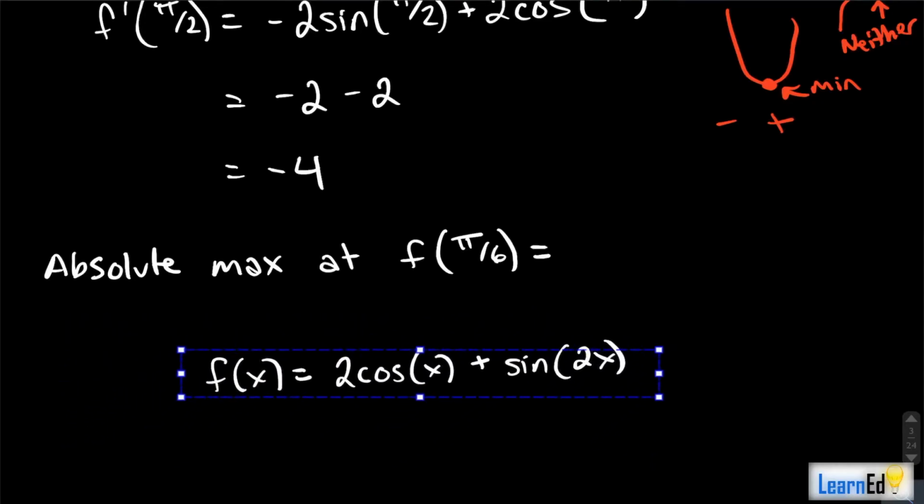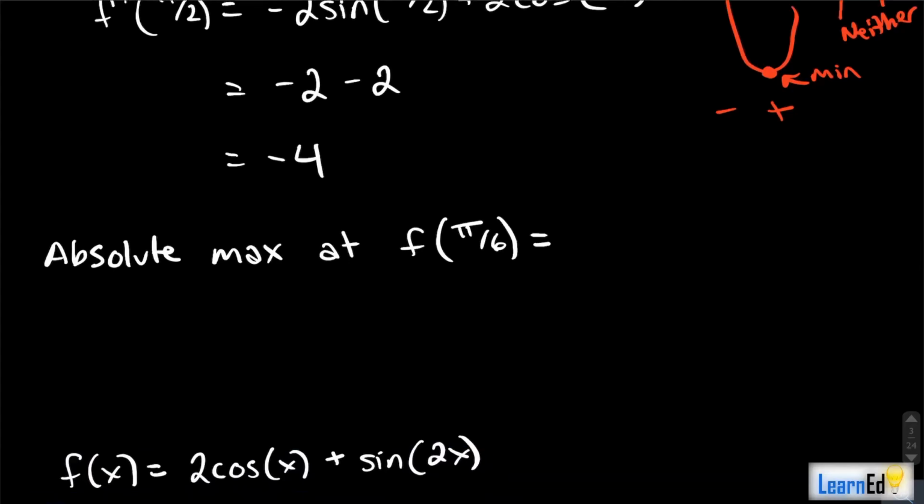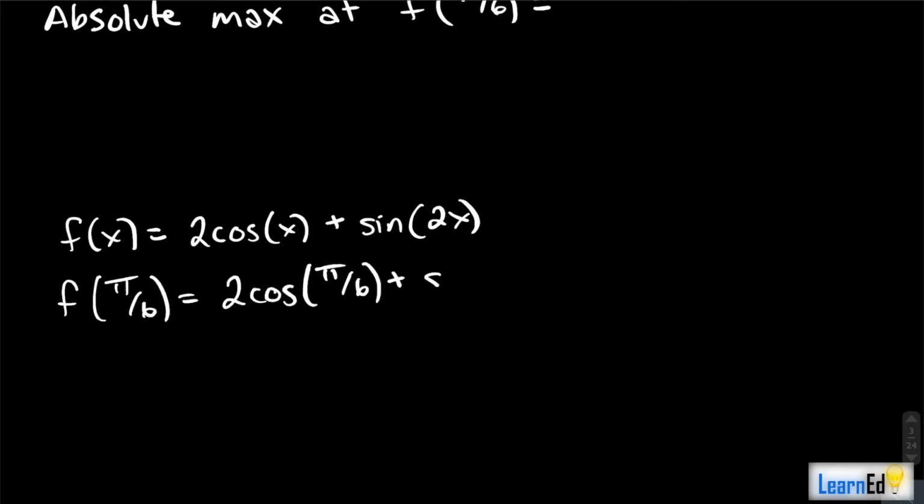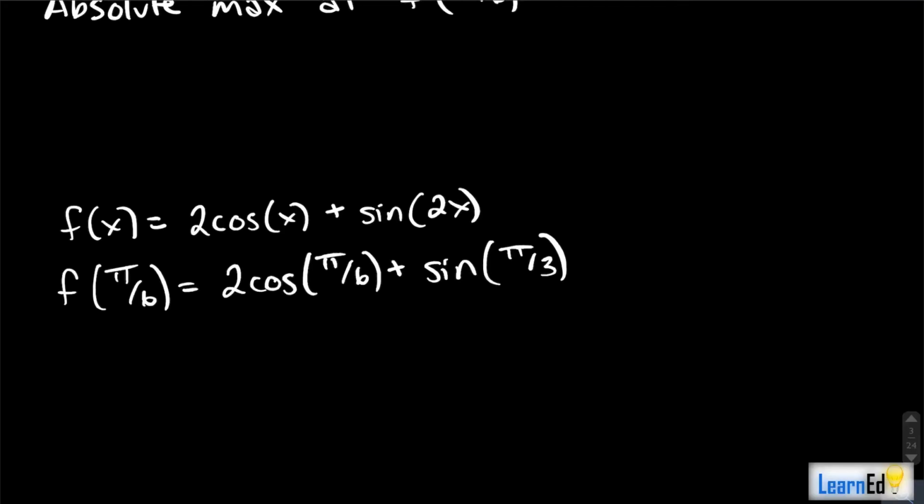Okay, so actually I'll put this down here. Okay, and if we plug in pi over 6, we get 2 cosine of pi over 6 plus sine of 2 times pi over 6, which is pi over 3. Okay, pi over 3 is just 60 degrees.